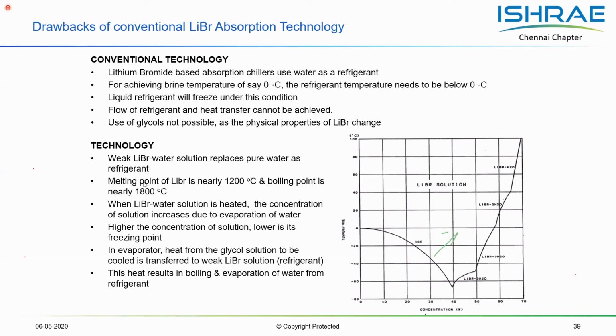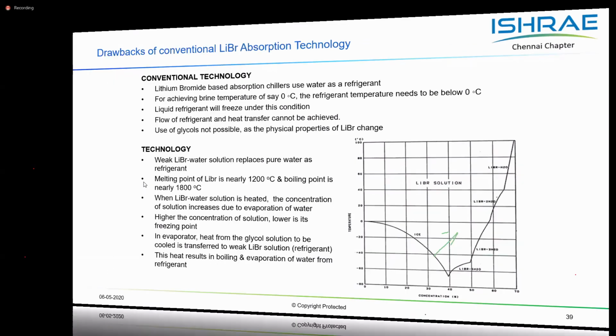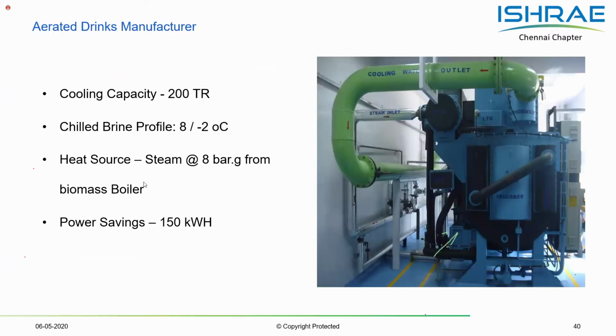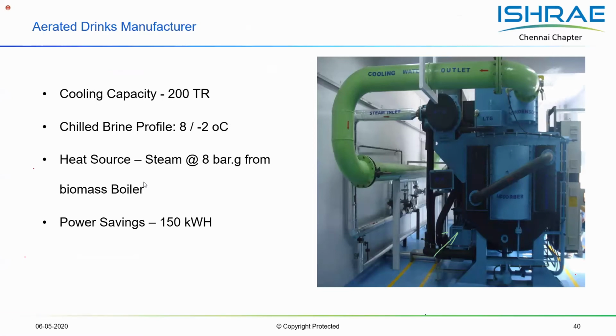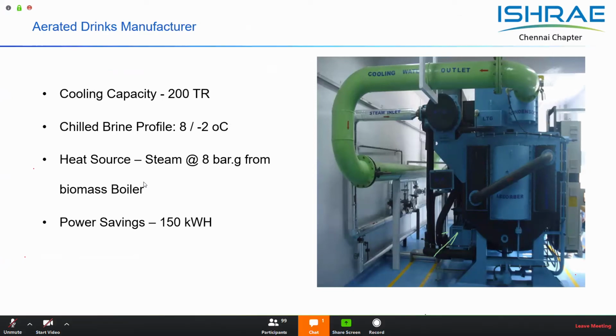This is one such application wherein an aerated drinks manufacturer, for ensuring proper absorption of carbon dioxide in the aerated drink, needs to maintain a lower temperature. That is achieved by using an absorption unit which generates brine at -2 degrees Celsius, which cools the syrup as well as serving other applications.